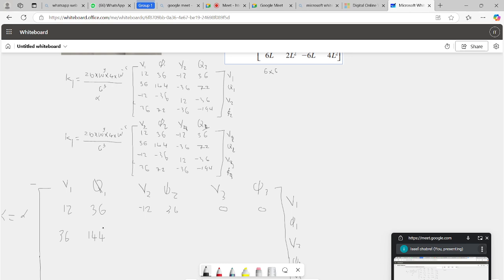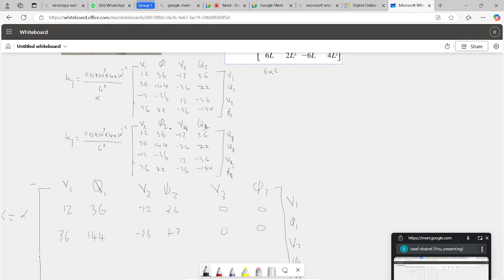V2 and phi 1, what's the value? Minus 36. Phi 2 and phi 1, you check the value, 72. Do you have any relation between V3 and phi 1? No. So this one is 0, 0.